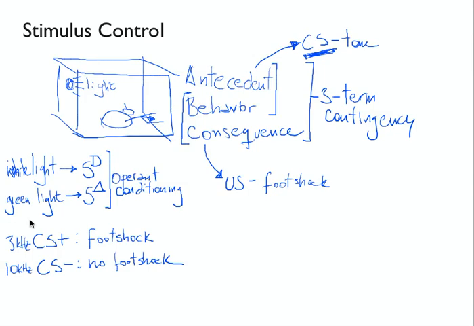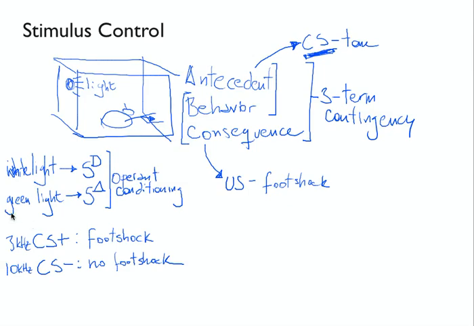So when we say that we have strong or good stimulus control, it means that the stimulus that we're referring to is controlling the behavior. Its presence results in the behavior. Its absence results in the absence of the behavior.